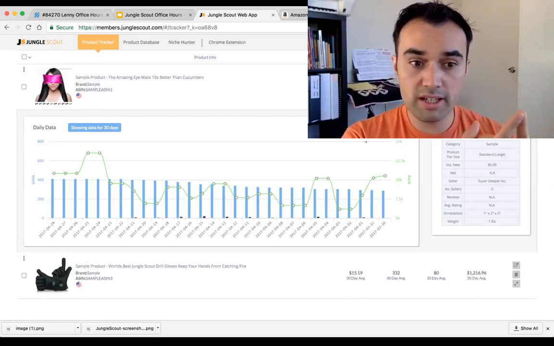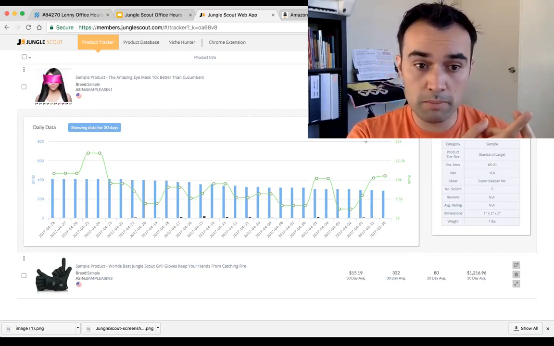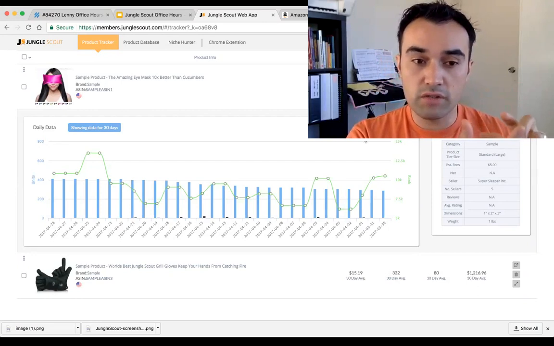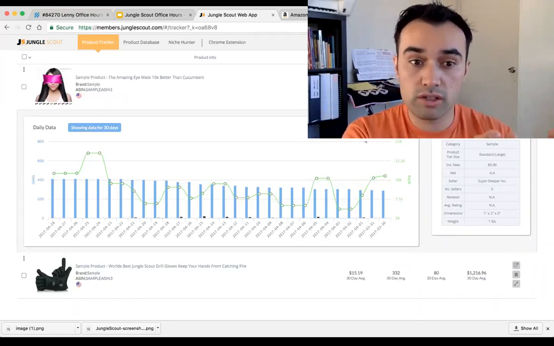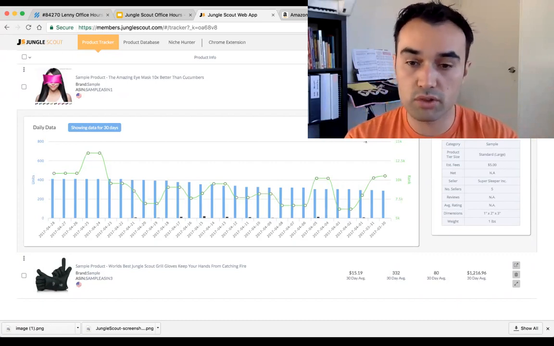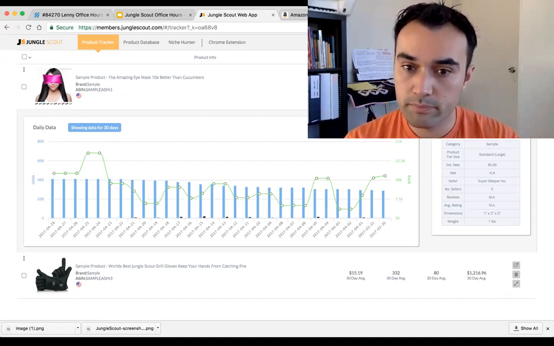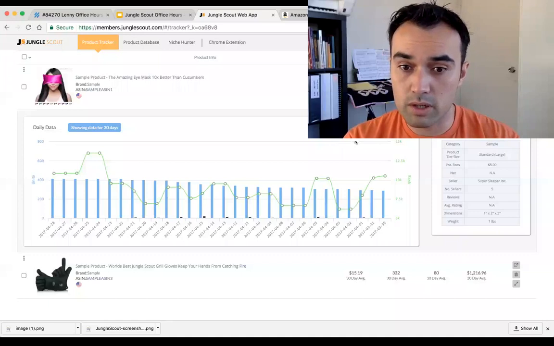So at this point, you've got your unit cost from your supplier, a shipping quote from a freight forwarder, and an estimate of how much tax you might have to pay if it's a very large shipment. So you've then got the total costs to get it to Amazon, and then you can obviously work out whether it's profitable from there. So I'll drop the link for where to find the tax estimates in the email as well.